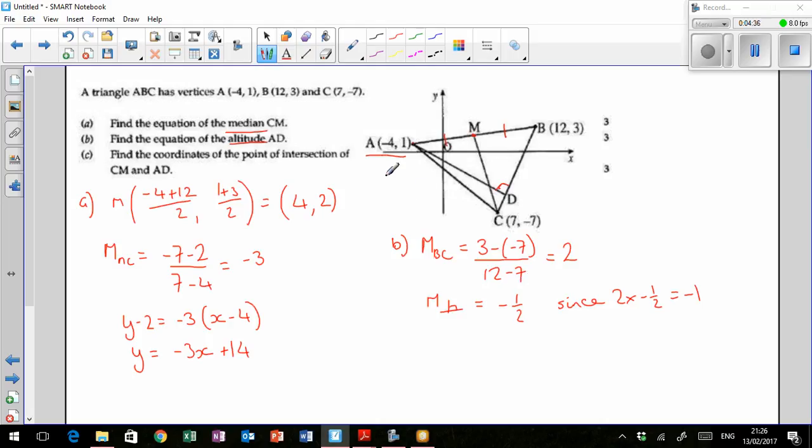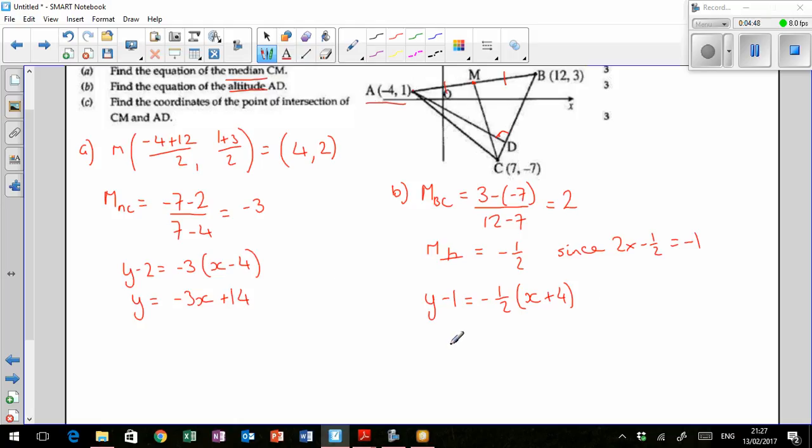Okay, we've got the gradient, we've got our point, so now it's going to be y minus 1 is equal to negative a half times x plus 4. Which means y is going to be negative a half x, negative a half times 4 is negative 2, add 1 is minus 1.